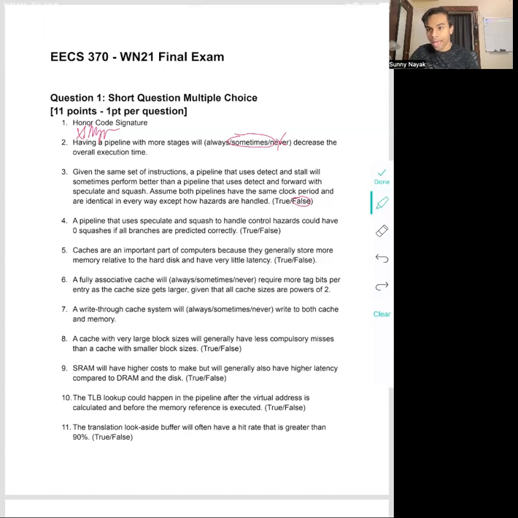The reason for that is, let's go back to what detect and stall and detect and forward are. Detect and stall is the data hazard resolution technique that is essentially implemented in hardware. The architecture sees that an instruction is about to complete that is going to, for example, overwrite a register that is used in the next instruction. So it says, hey, instruction that needs the values, you're just going to stall.